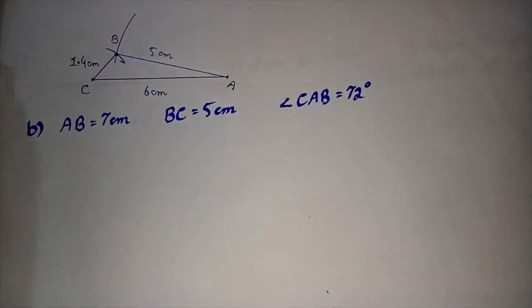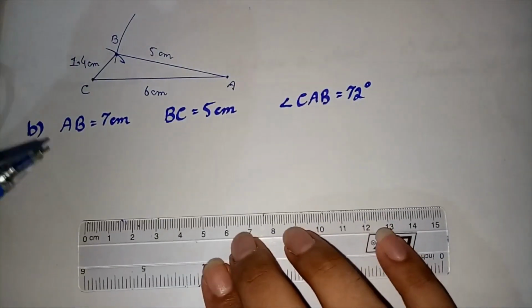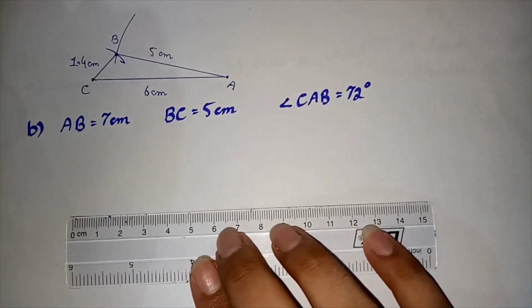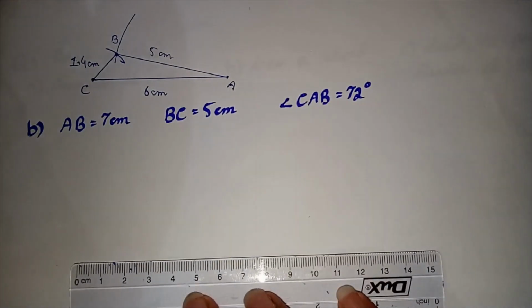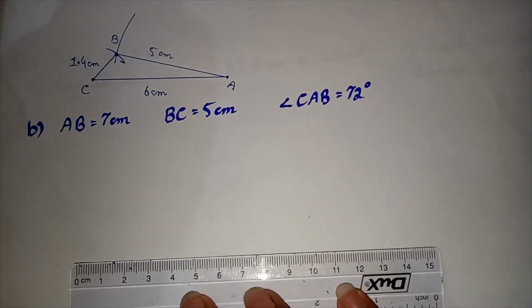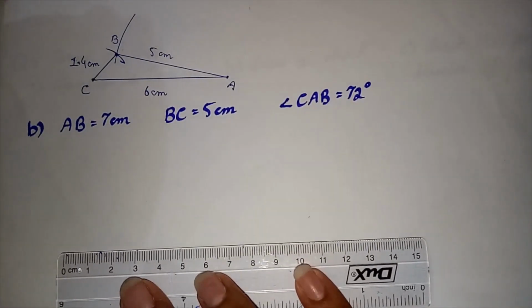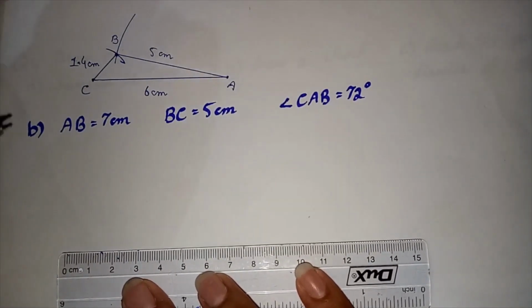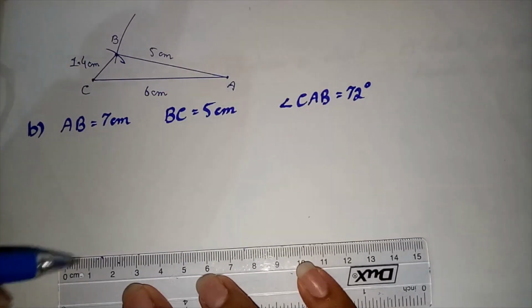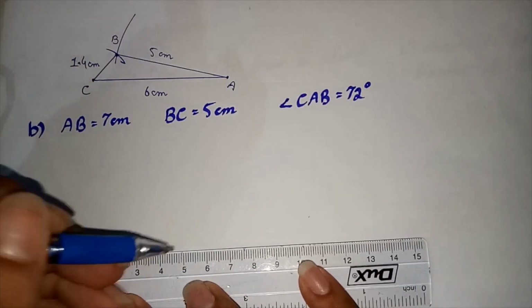Let's see. First part is similar to the other one. We have to choose a side first. We usually choose the side which is of the greatest length. Here we have 7 centimeters, so I choose 7 centimeters and I will draw a side of 7 centimeters.